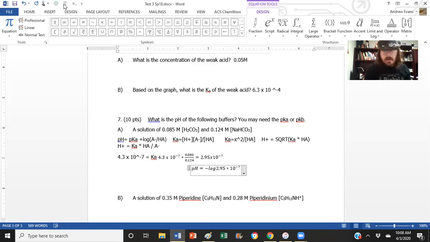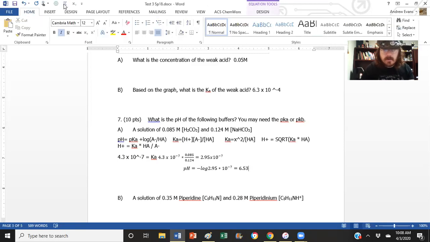So this buffer is very, very, very weakly acidic at 6.53. This is not what I'd call a very strong acid, but it is still technically acidic. There's more conjugate base than acid, but the amount of protons that get formed in this situation is greater than the amount of hydroxide.